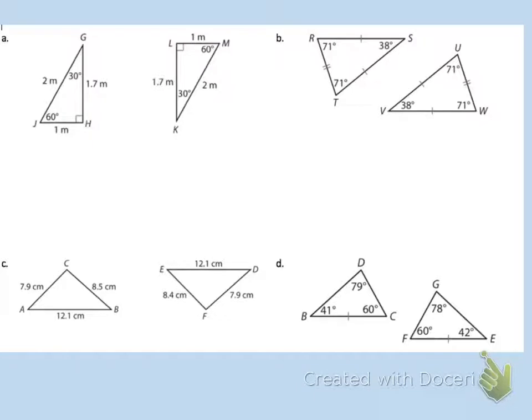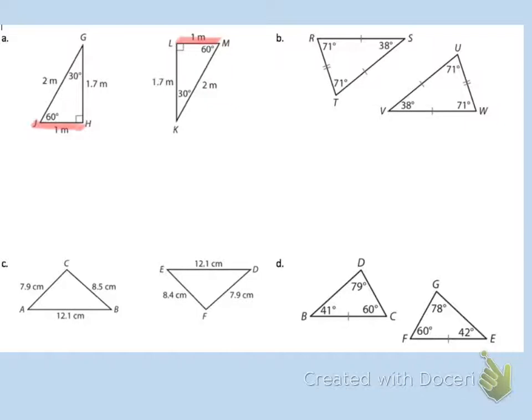So let's take a look at a pair of triangles that look like they might be congruent in example A. All I have to do is go through and see if I can match up three pairs of matching sides and three pairs of angles. So let's see, this side right here, JH, is 1 meter, and here I have one here that's 1 meter. So it looks like JH and ML go together. Okay, let's look at another pair of sides.